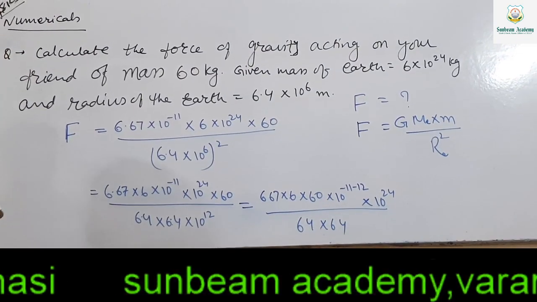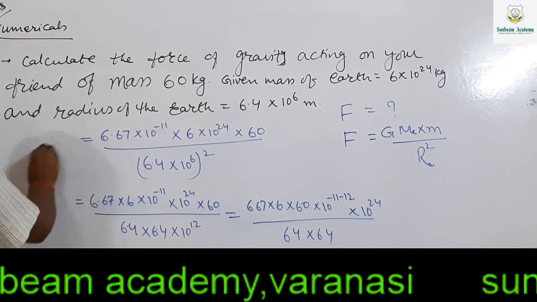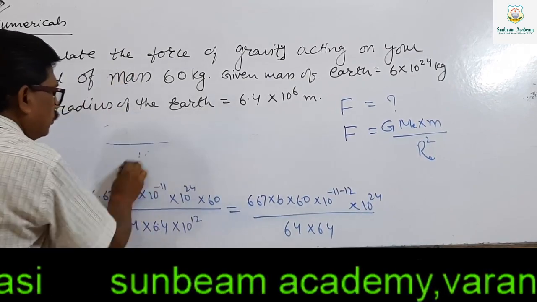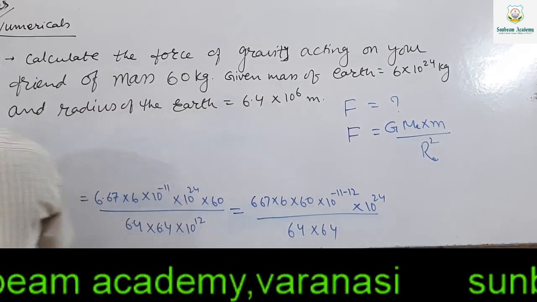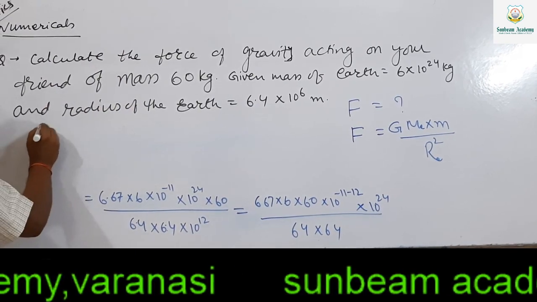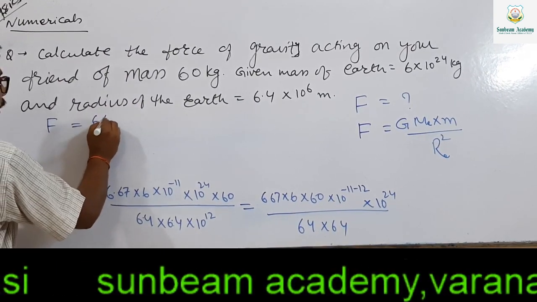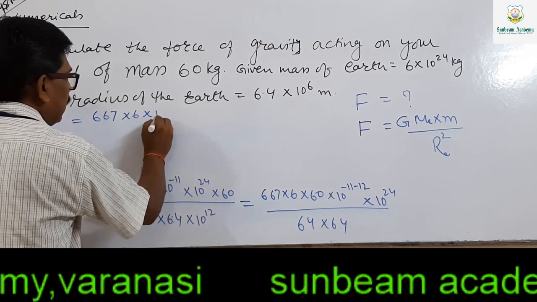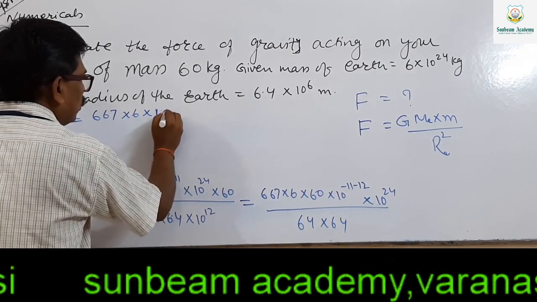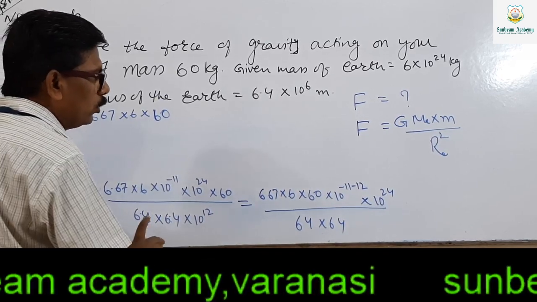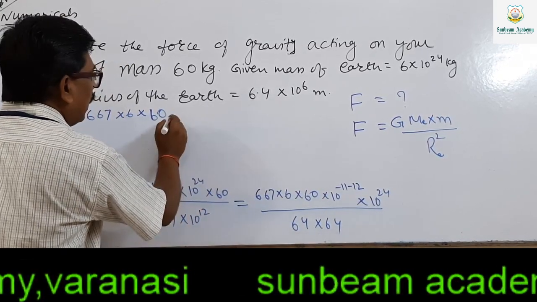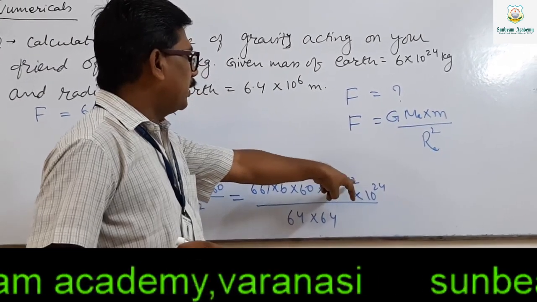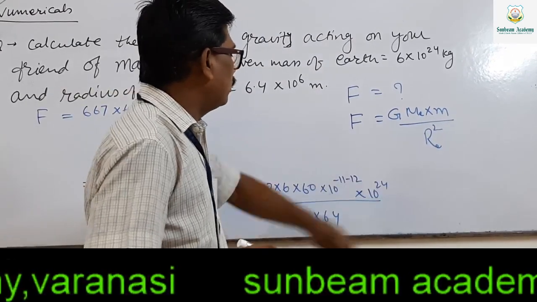Now what you have to do? F is equal to 667 into 6 into 60 into 10 to the power minus 11 and minus 12, it will become 10 to the power minus 23, and here it is 10 to the power 24.